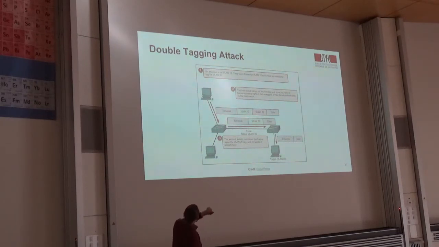So the attacker creates a packet with two VLAN tags, kind of like a Tor onion routing thing, but made out of VLAN tags, one for VLAN 10 and the other for VLAN 20, and sends it to the first switch.